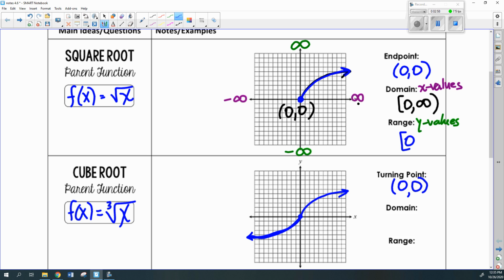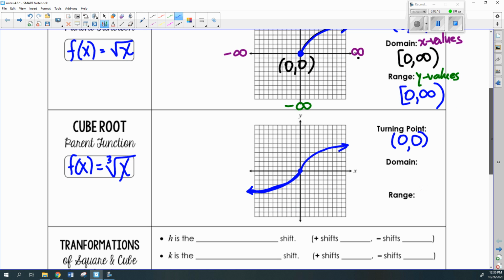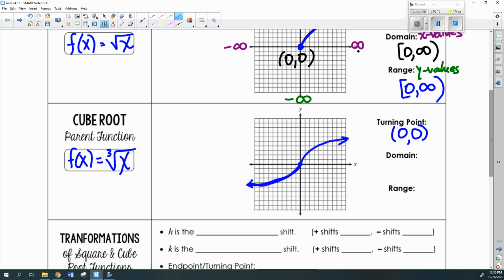Well, it goes up to positive infinity. So for our parent function, the domain and range look the same, all right? But the most important part you need to understand from that is that you need to use the end point, okay?